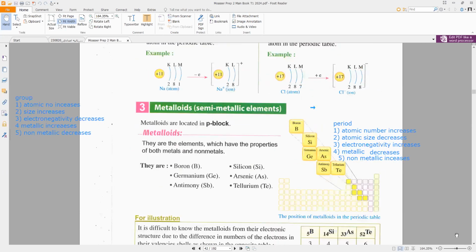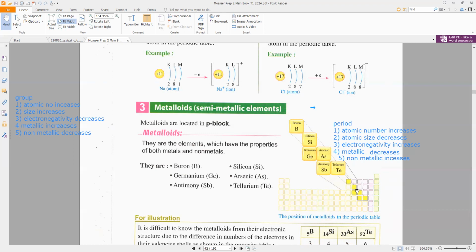Metals are elements that have less than 4 electrons in the outermost shell. Non-metals, the violet color, have more than 4 outermost electrons. Noble gases do not take part in chemical reactions because the outermost shell is completely filled with 8 electrons. The group with yellow color has six elements called metalloids or semi-metals.